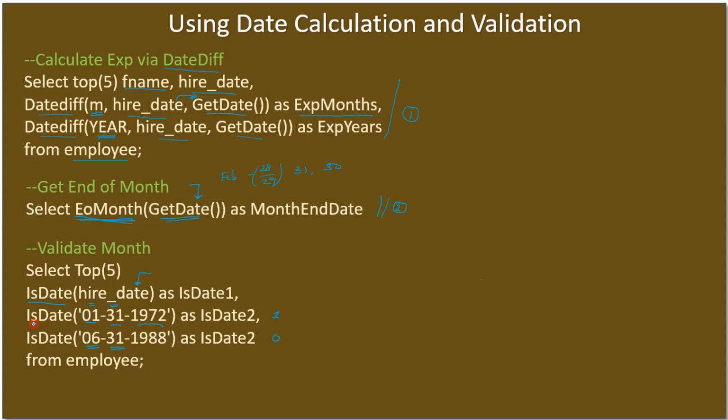So this is to check whether a string representation of a date is actually a date. That way you can check with the ISDATE function, which will return true or false. Now let's go to SQL Server Management Studio and explore DATEDIFF, EOMONTH and the validate function, I mean the ISDATE function.